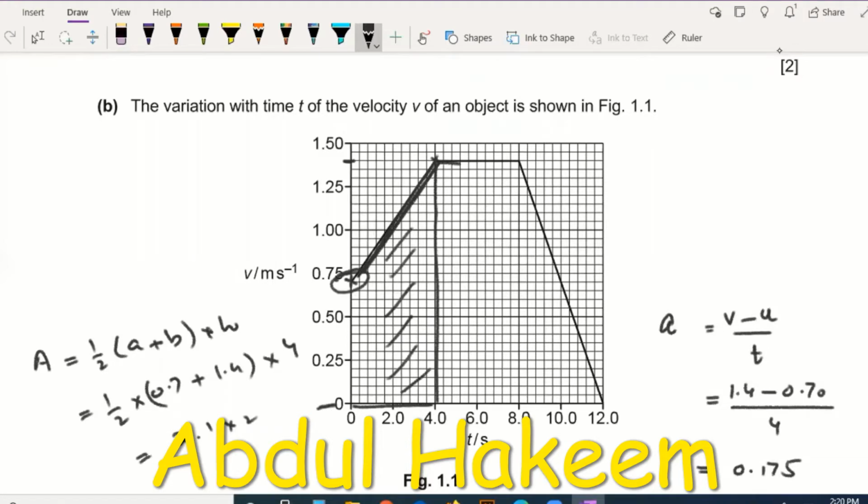Then from 4 to 8, the acceleration is 0. And then from 8 to 12, the acceleration is negative. This is positive. Now this line is steep as compared to this one, so the negative gradient is larger than this positive gradient.